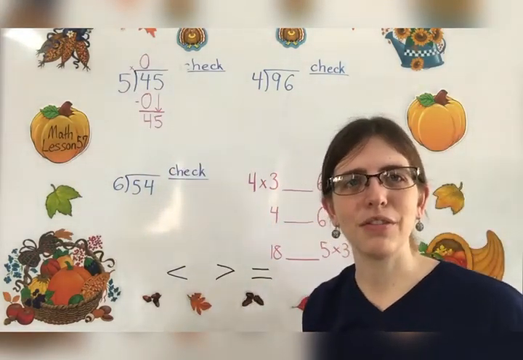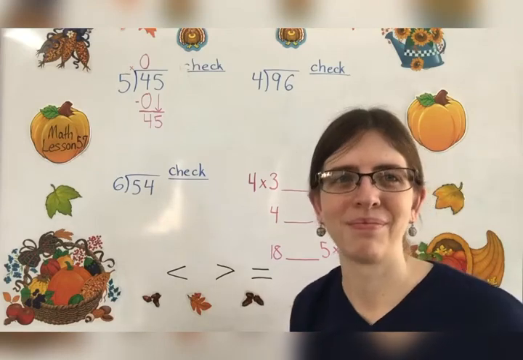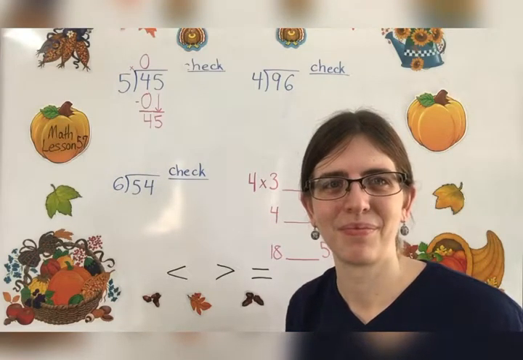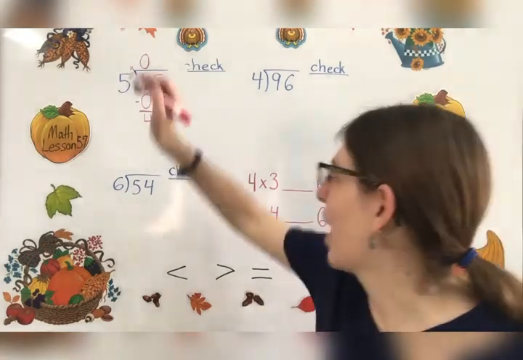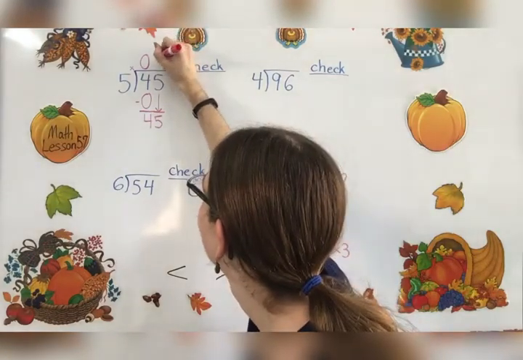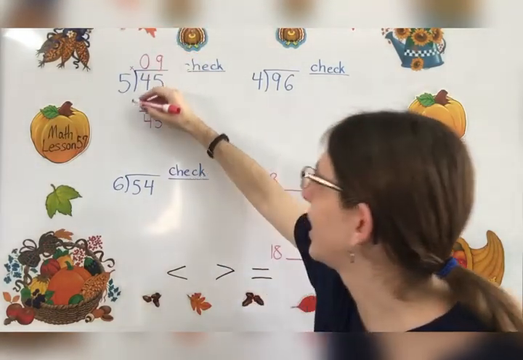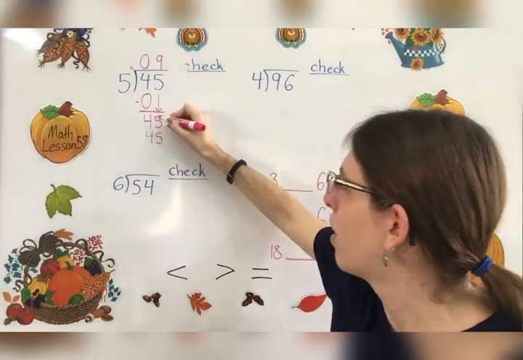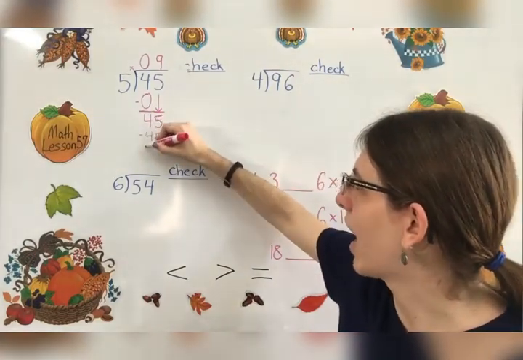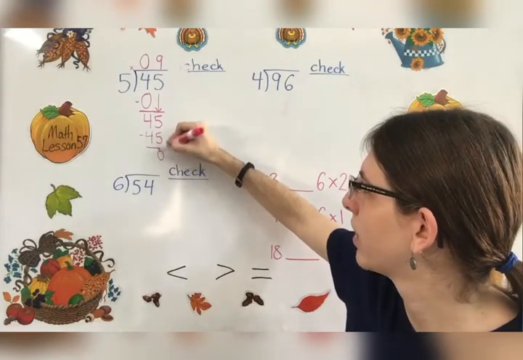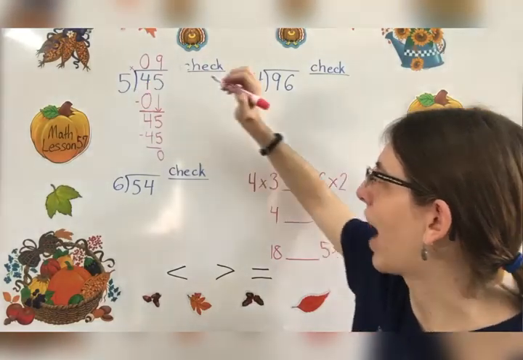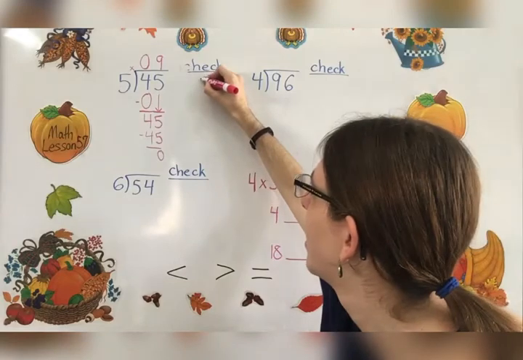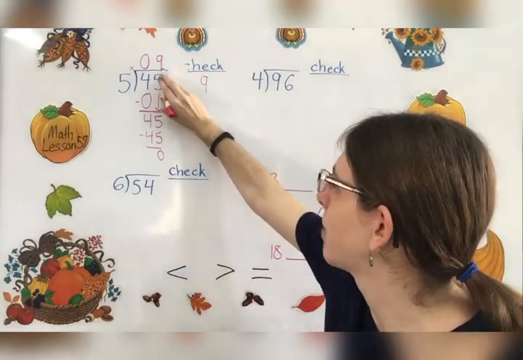How many groups of 5 are in 45? 9, that's right. You know that from your multiplication facts. 9 times 5 is 45. 45 minus 45 is 0. 0 is less than 5, so I can check. 9 is my answer up here.